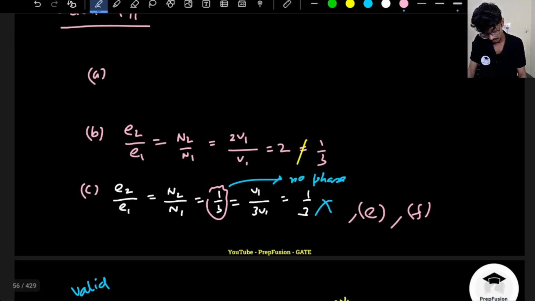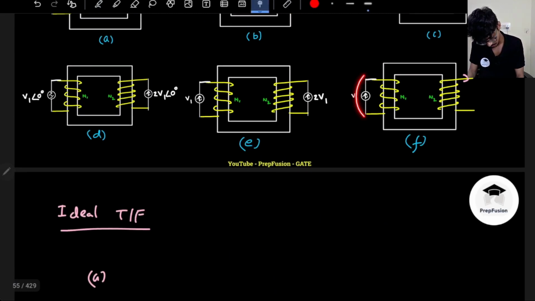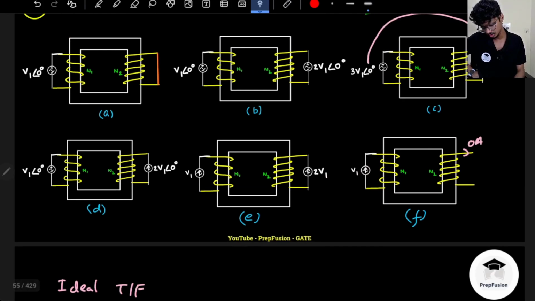Invalid circuit, because this will not work as a transformer. So basically, what will happen? This current source is there, right? Some current will flow through the winding that can damage the winding. That's it. So again, this will not work as a transformer.